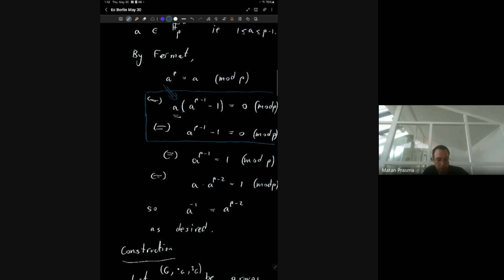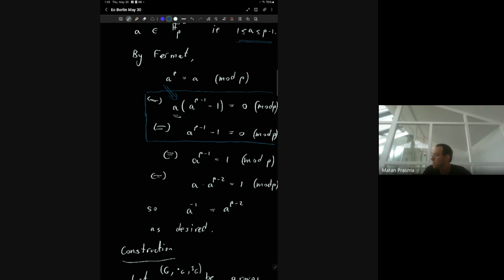But we know that a is smaller than p minus 1 and bigger than 1. So if the product is equal to 0 modulo p, it means that p divides the product. If the number is prime, it has to divide either the first factor of the product or the second factor.